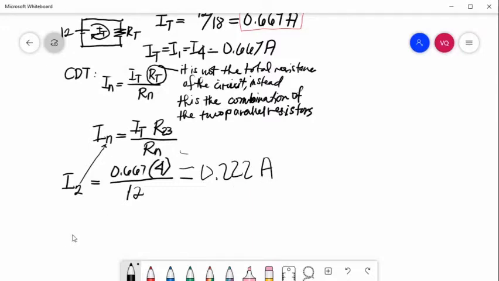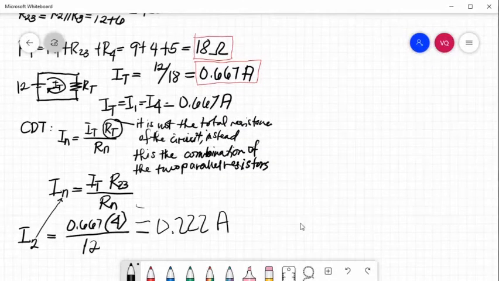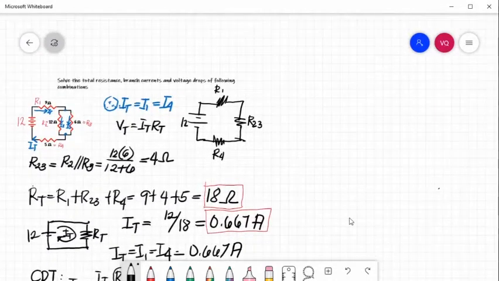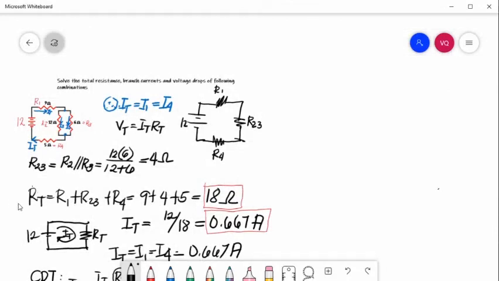So, next is I3. We can solve I3 using two methods, the KCL, Kirchhoff's current law, and the CDT. First, we will try the KCL from your physics. Current entering into a node is equal to the sum of the current leaving the node. In this case, we have a node here. So entering into the node, positive, is IT.